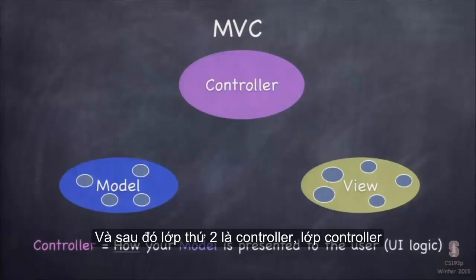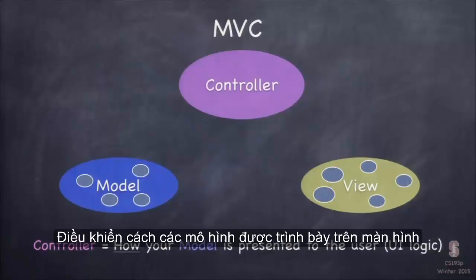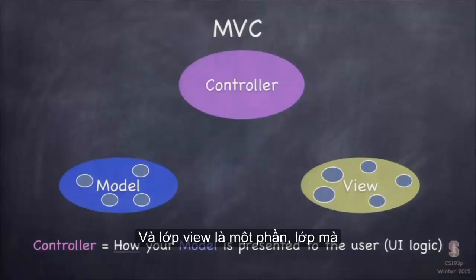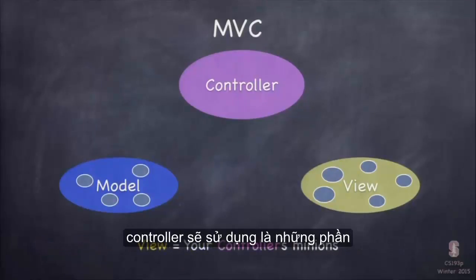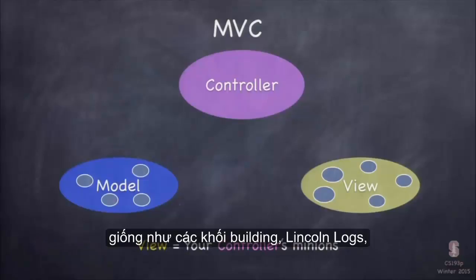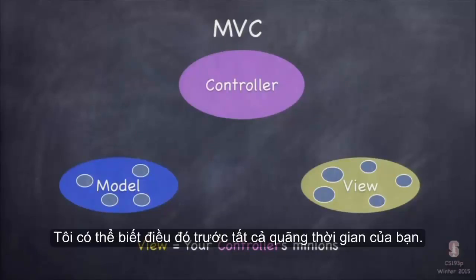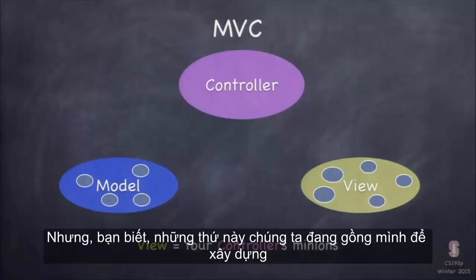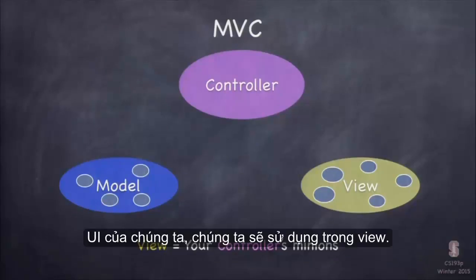And then the second camp is the controller. So the controller controls how the model is presented on screen. And the view is the minions, the classes that the controller is going to use, kind of like the building blocks, the Lincoln Logs. I don't know, maybe that's before all of your time, but the things we're going to use to build our UI, we're going to use in the view.